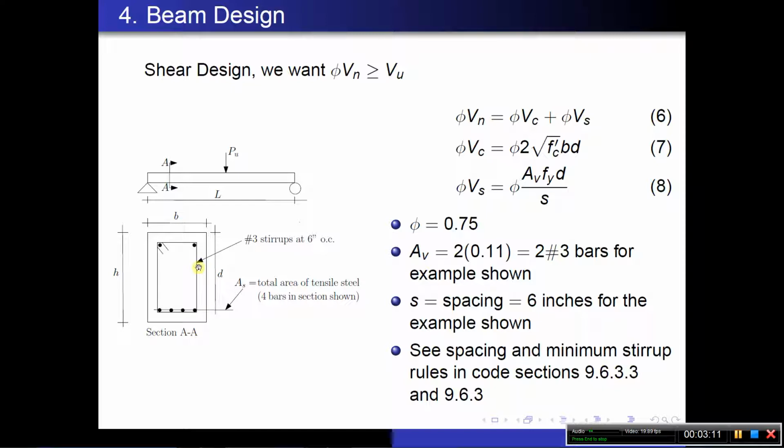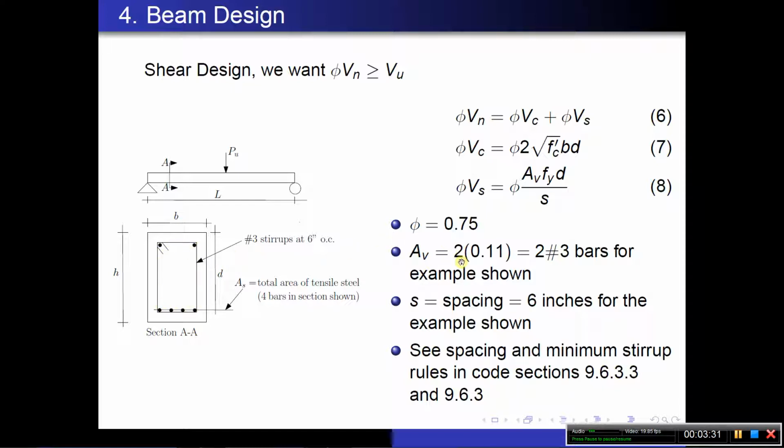And you'll notice here that we actually have 2 such bars in this rectangle that is our tie. And those 2 vertical bars each have a cross-sectional area of 0.11 because it's made out of a continuous number 3 bar.